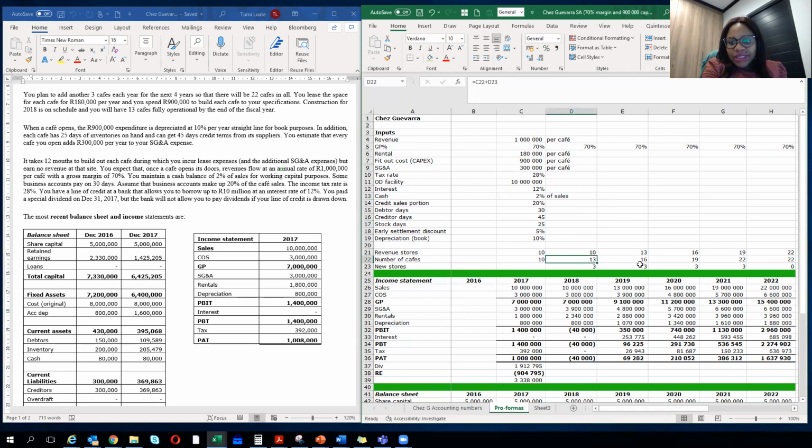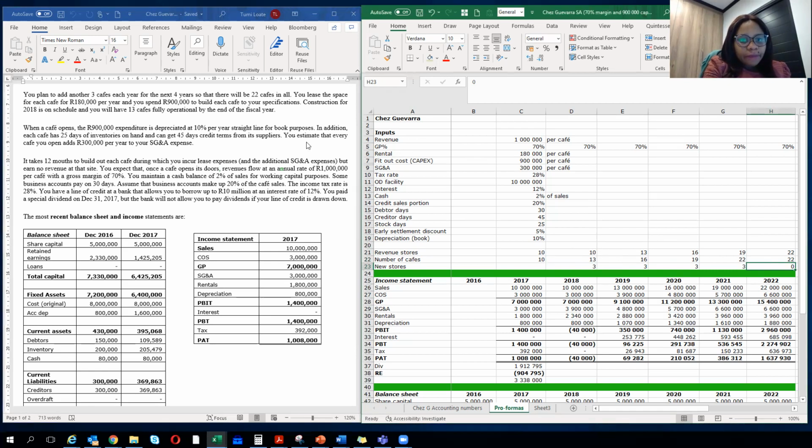We then go to 16, 19, and we end off at 22, which is what they said, that there will be 22 cafes in total. In that last financial year, there are no new stores opened up. The bottom highlights the number of cafes opened and the total number of cafes in operation in each year.